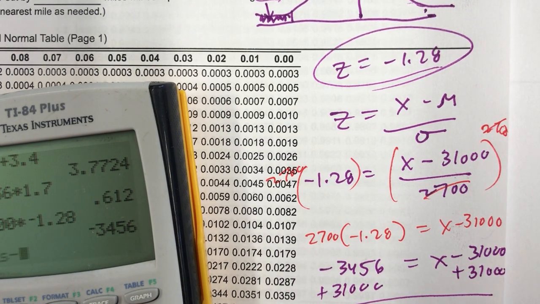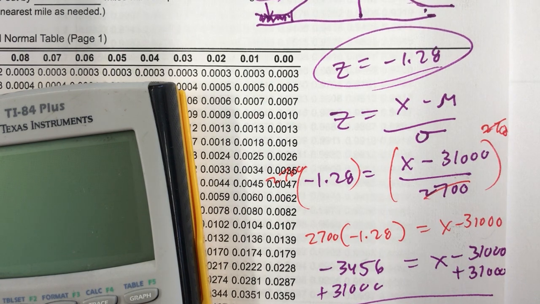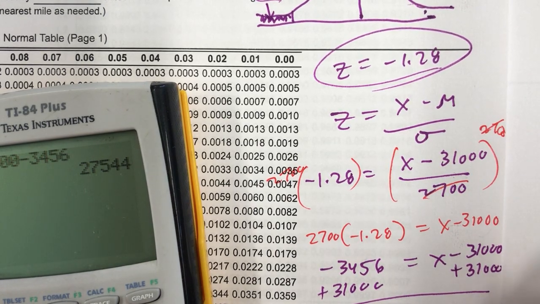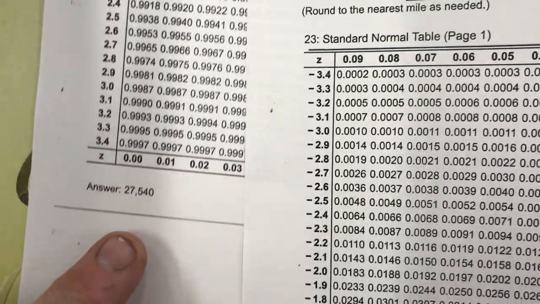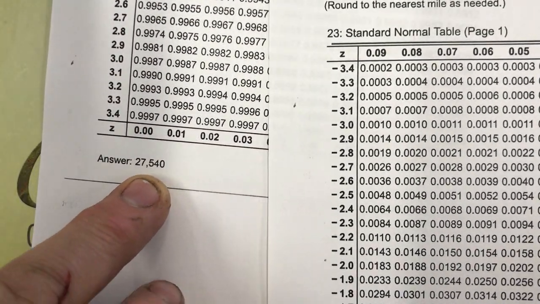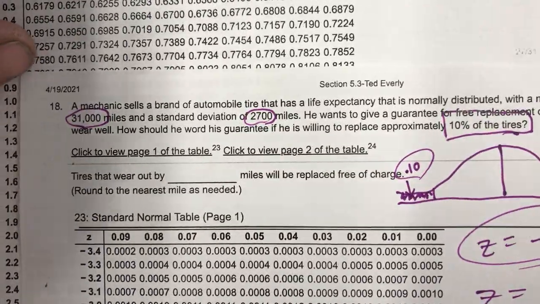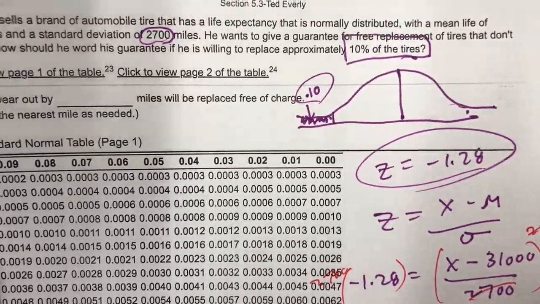And so, oops, messed up. It comes up to 27,544, which we're right at it, 27,540. So if it gets less than that on the mileage, they're going to replace them. They're going to replace the tires if it gets less than that mileage.